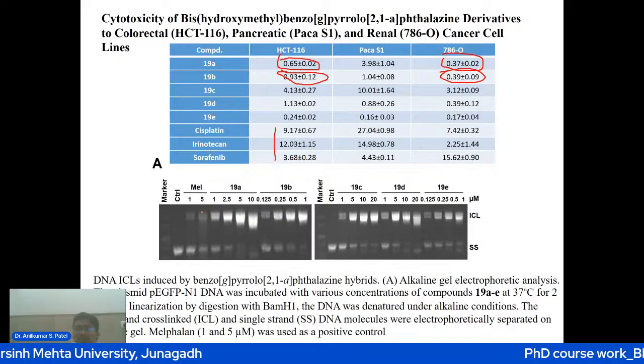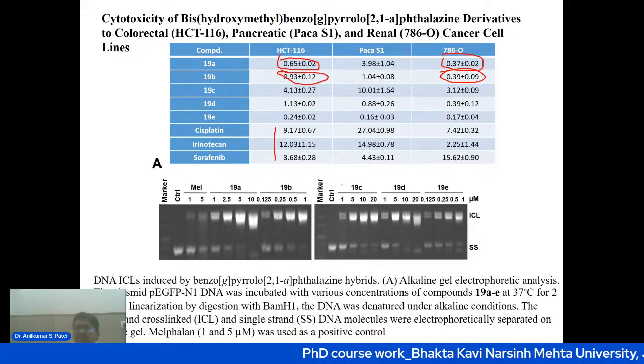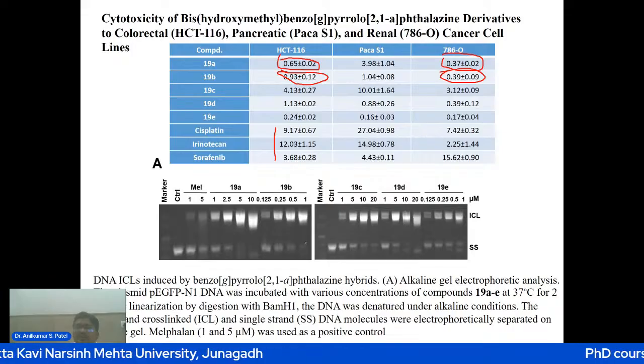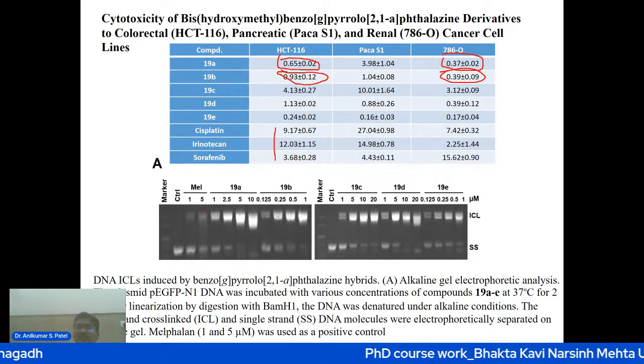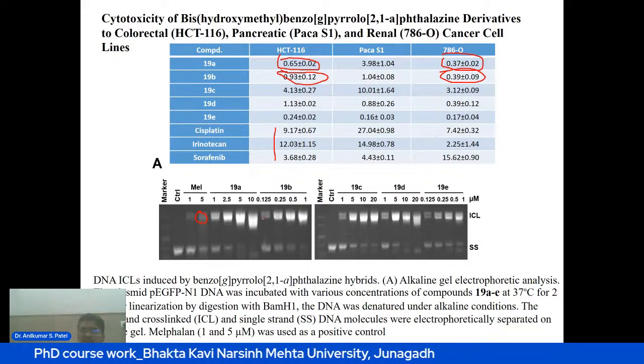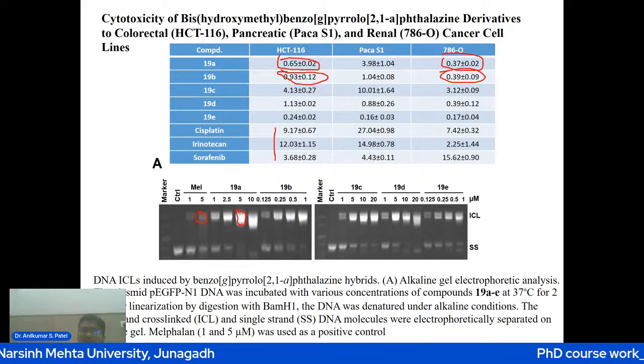So we can see that 19A, 19B, 19C, and 19D, all four compounds, give very good interstrand cross-linking with the DNA. Melphalan at 5 micromolar gives this type of cross-linking, whereas our molecule 19A gives this type of interstrand cross-linking.